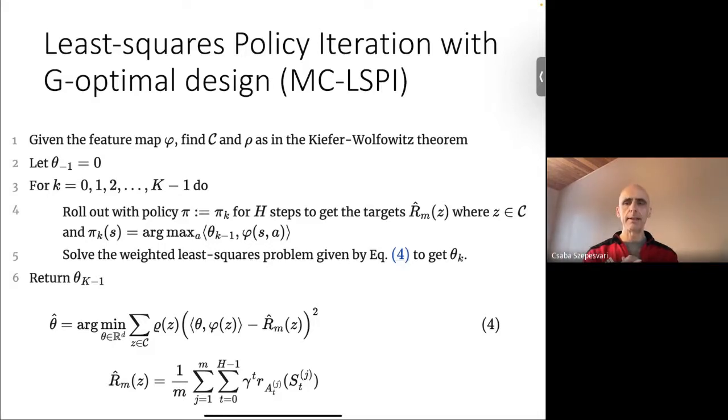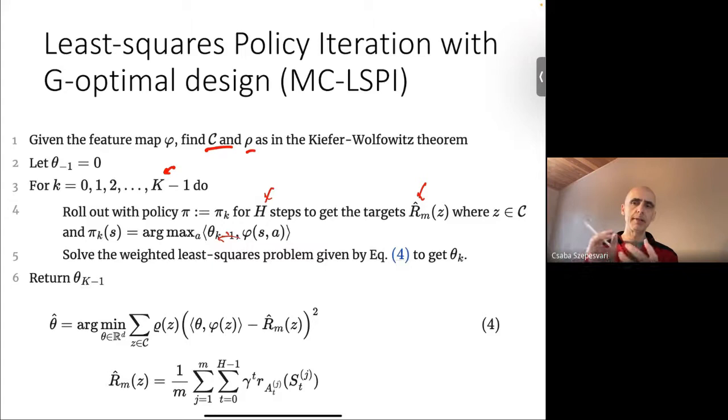Well, you find this set of core state action pairs C first and this rho, as in the Kiefer-Wolfowitz theorem, and then you're doing this for k iterations. That's a parameter of the algorithm that needs to be chosen in some way. You need to roll out with the policy for a certain number of steps, get the targets at all the core states. You're only doing the rollouts there.